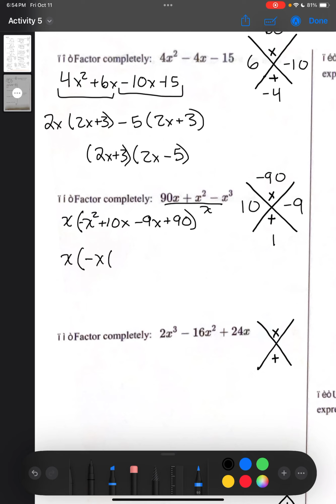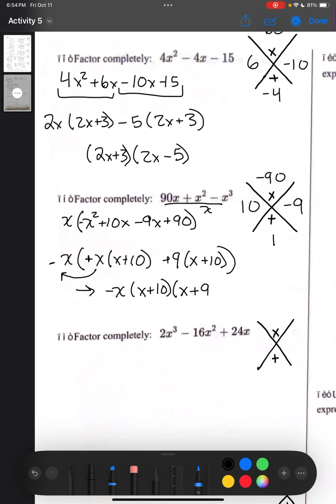Take out the negative x plus 10, minus 9. Take out the negative 9 from there. And this should bring you to pulling out a negative x, x plus 10, and x plus 9. I did this by making this the negative to make these positive, just so it's easier.